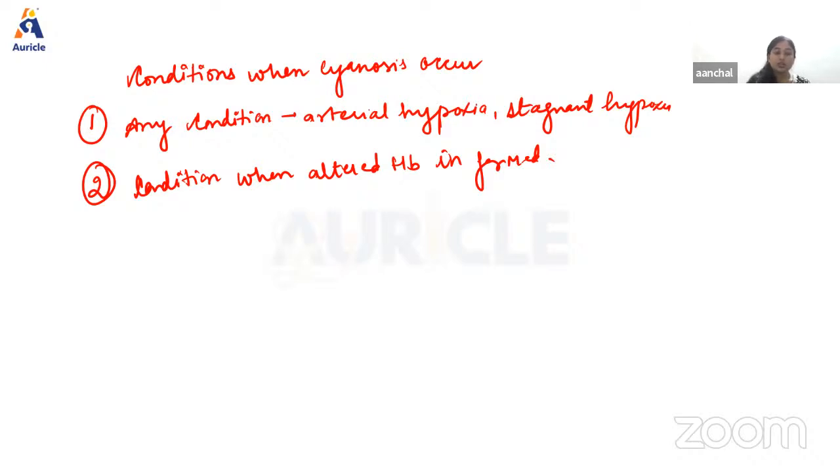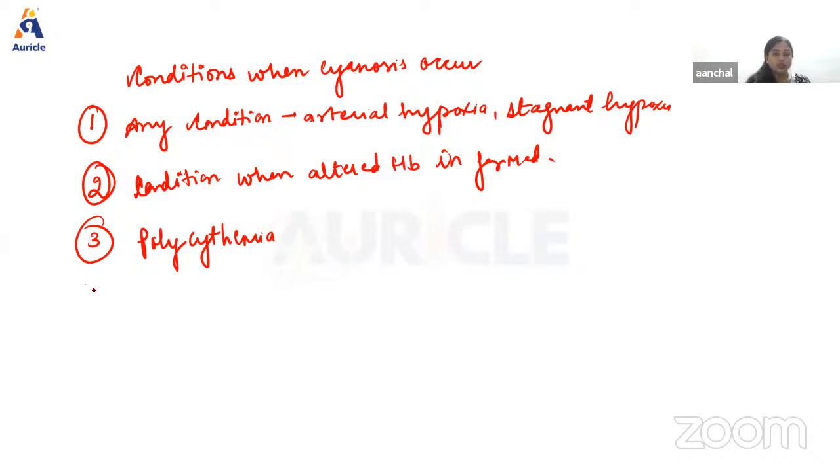The cyanotic discoloration is due to the dark color of these compounds only, and not due to the reduced hemoglobin. Also this condition can occur in polycythemia, when blood flow is slow. During polycythemia, because of increased RBC count, the viscosity of blood is increased, and it leads to sluggishness of blood flow.